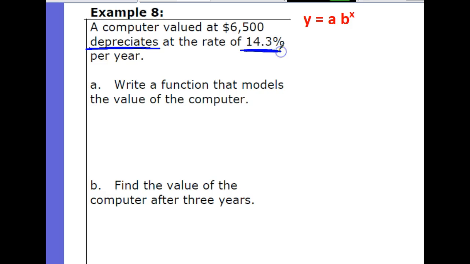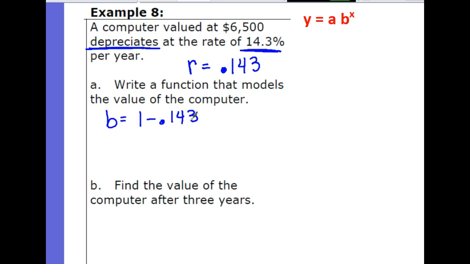How do we write this number as a decimal? Divide it by 100, because percent means part out of 100. Since it is going down in value, the B is equal to 1 minus 0.143.